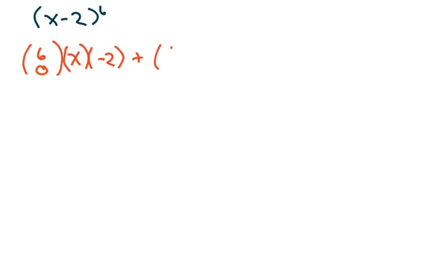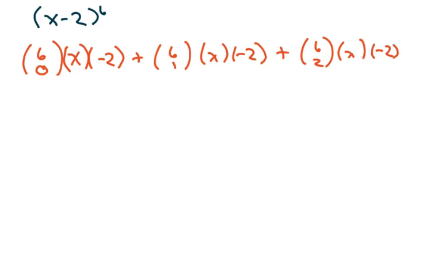Okay, plus 6 choose 1, and I'm going to put x, negative 2, plus 6 choose 2, x, negative 2. Again, this is your a, and your negative b part that we're doing.